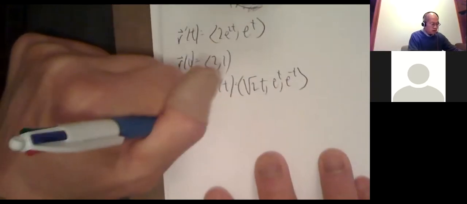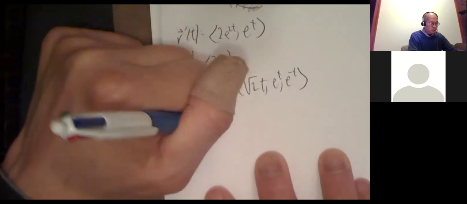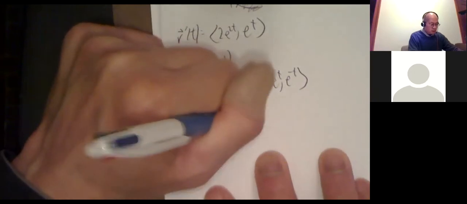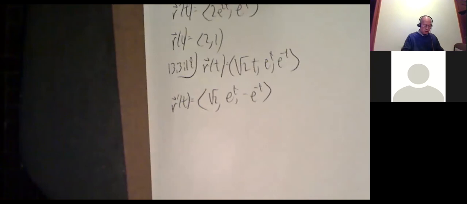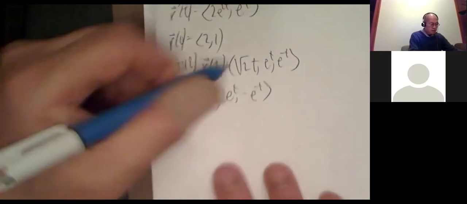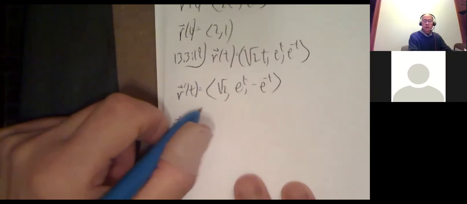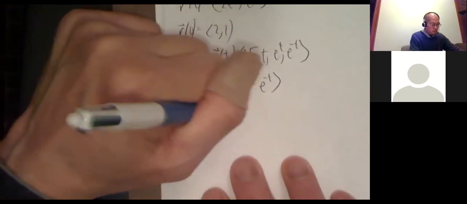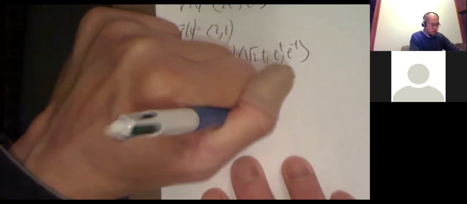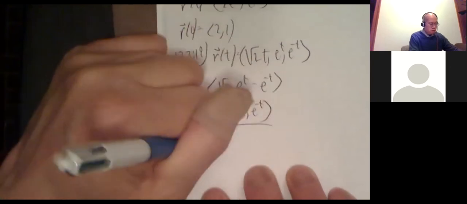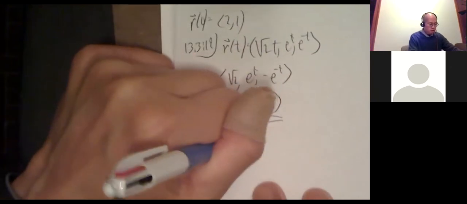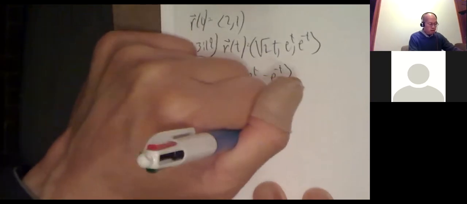Okay, so r prime is radical 2, e to the t, negative e to the negative t. Unit tangent vector means divided by its magnitude: square root of this thing squared plus this thing squared plus this thing squared.